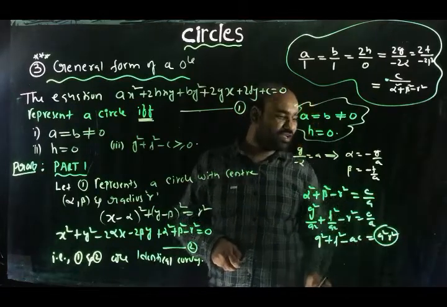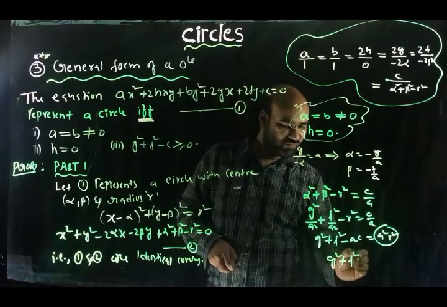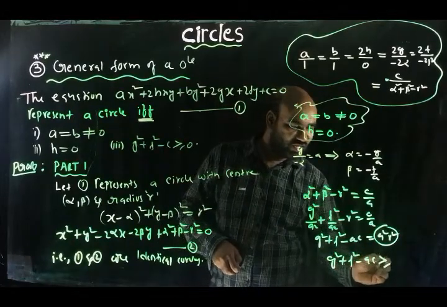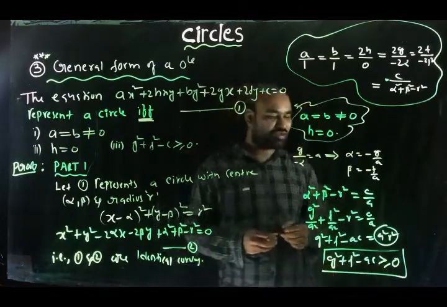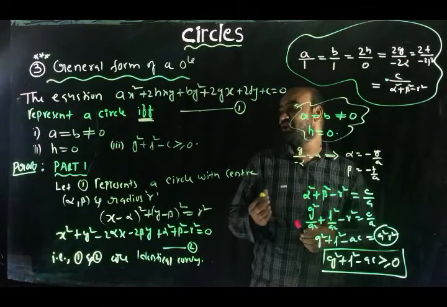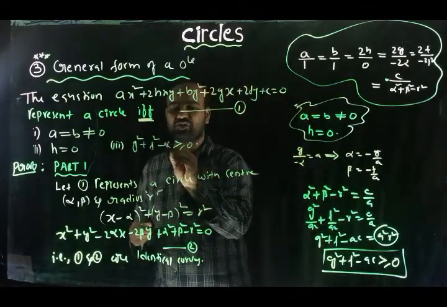This is a non-negative number, which means g square plus f square minus ac should be greater than or equal to 0. So we got the condition g square plus f square minus ac greater than or equal to 0.